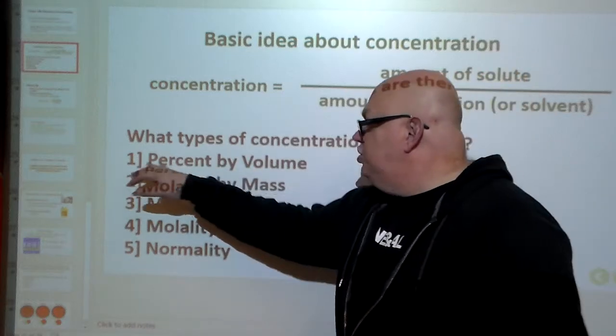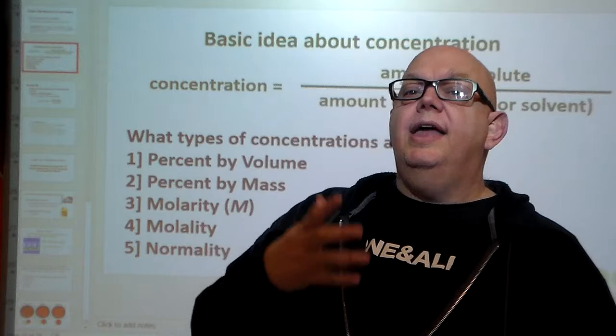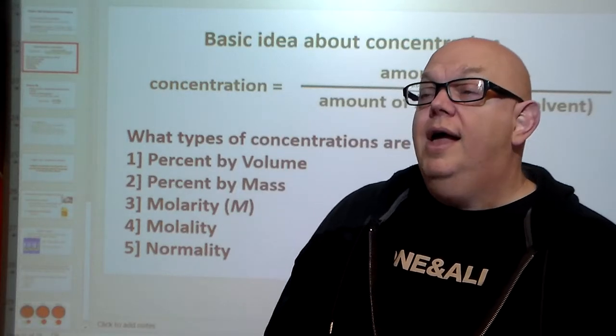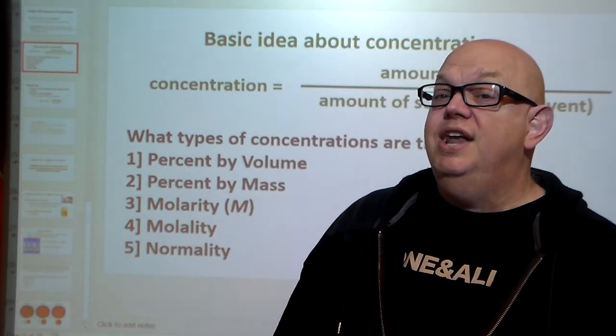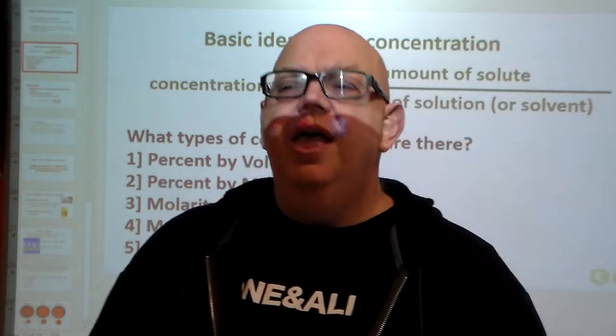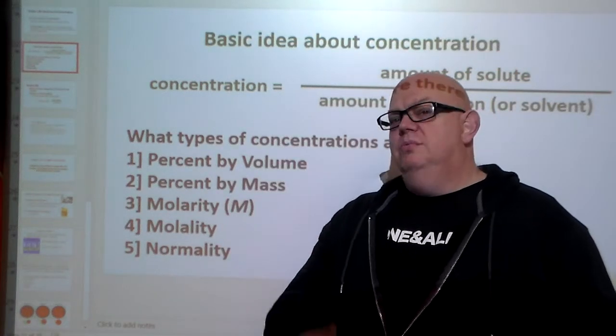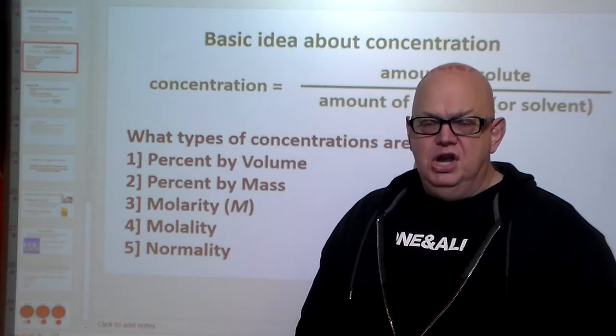That is a concentration of percent by volume. So when you look at vinegar, it's 5% acidity, which means 95% of what's in the bottle is water and 5% is actual acetic acid, which is normally known as vinegar.